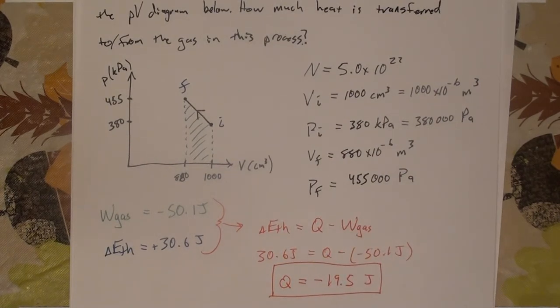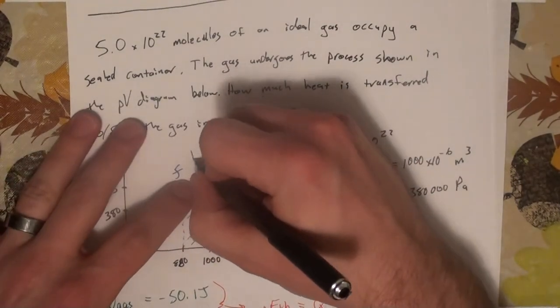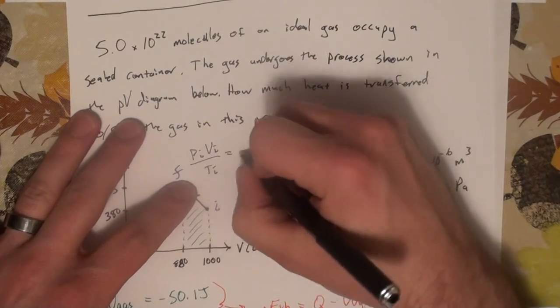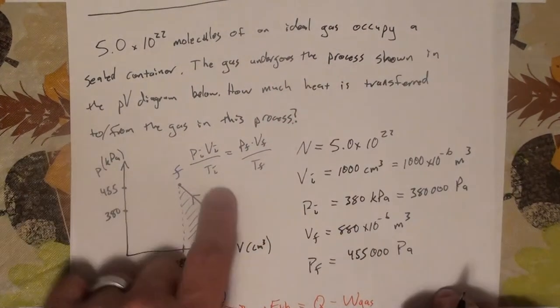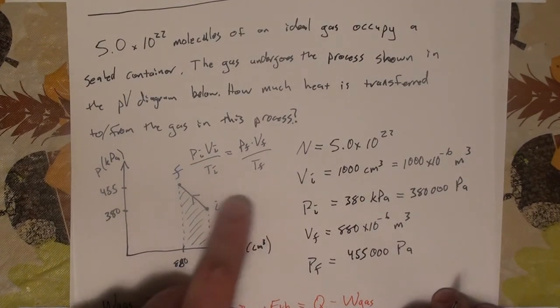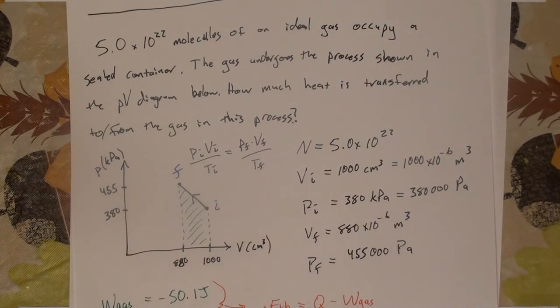One other thing I should mention is that, because the system is sealed, I could have said P initial V initial over T initial equals P final V final over T final. And that's useful sometimes if they don't give you an N. If I didn't know N, but I did know one of the temperatures, I could find the other temperature without having to find N. And then you could find N from the ideal gas law at either of those points.